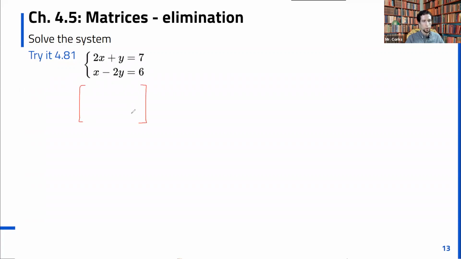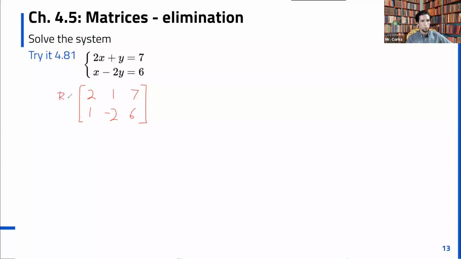You can tell me the whole thing. 2, 1 equals 7. Okay, so 2, 1, 7. And our second row? 1, -2, 6. Okay, so there's the matrix.